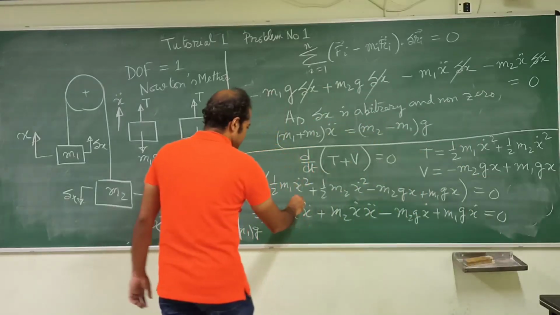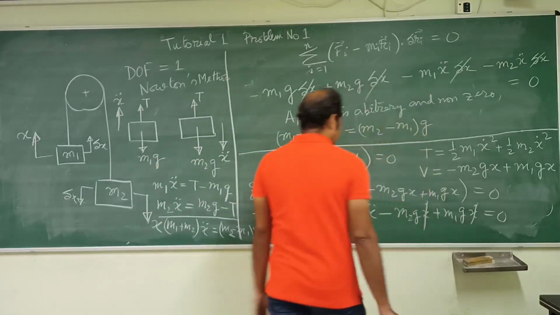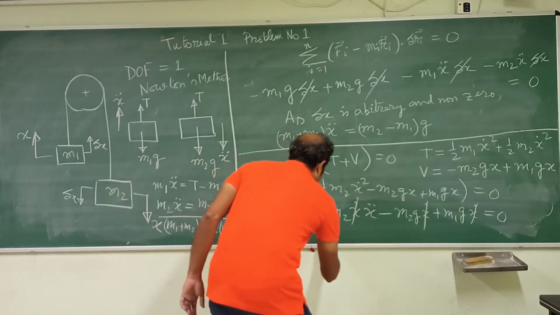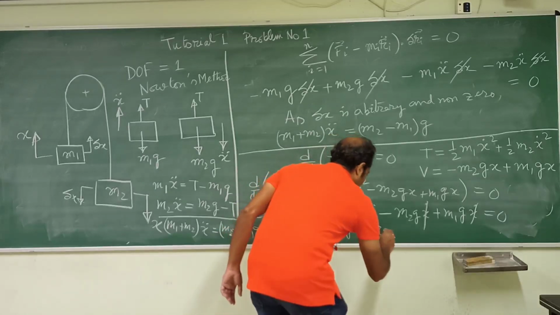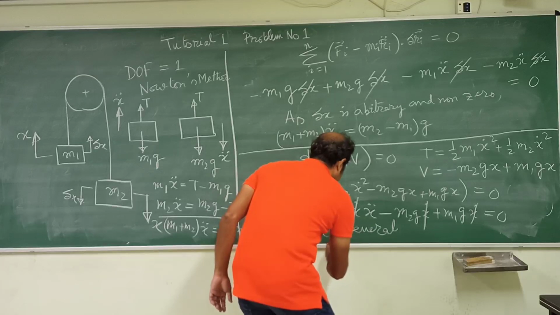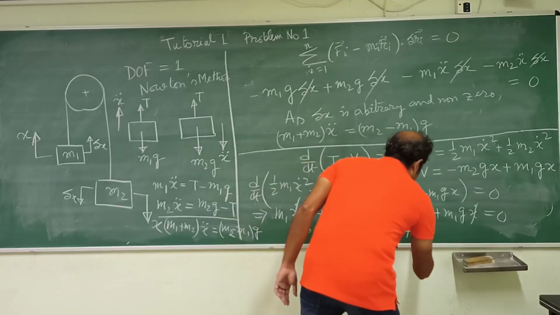Now I can cancel out x dot, because x dot in general is not equal to 0.